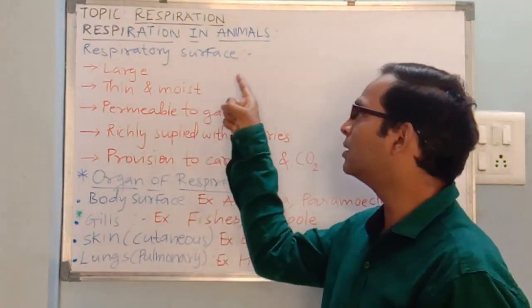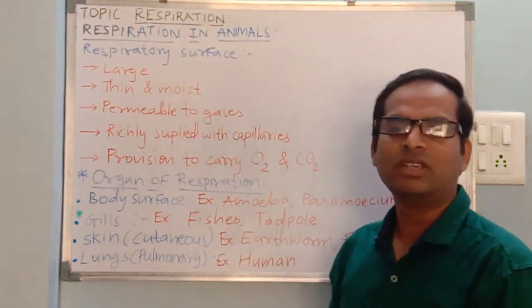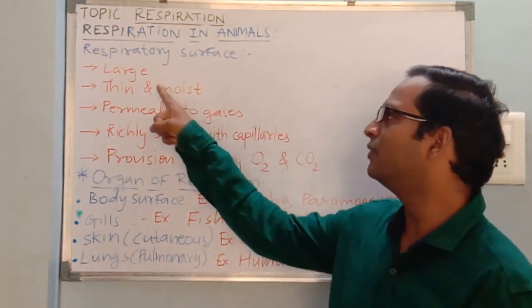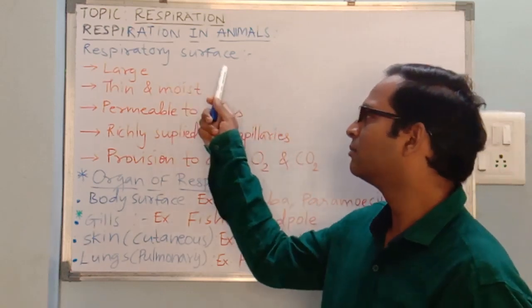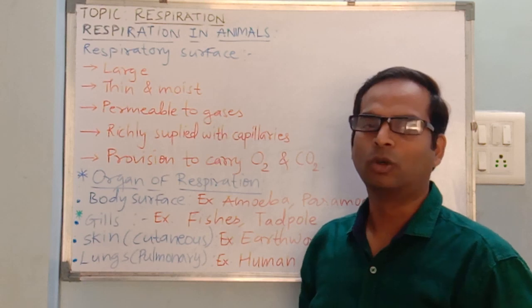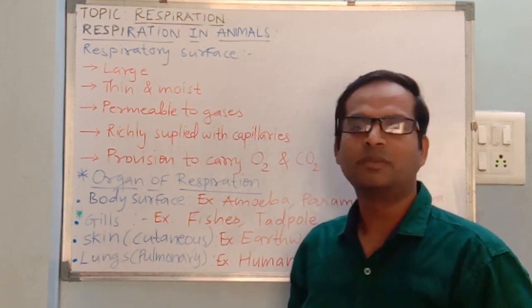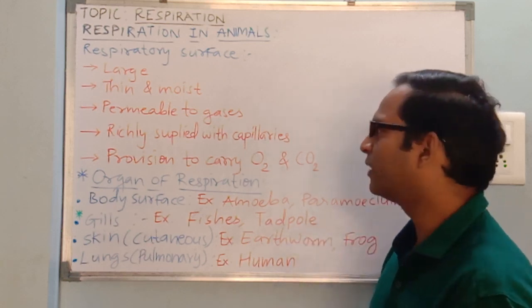It should fulfill some conditions and have some characteristic features. The first characteristic feature is that this respiratory surface should be large. The larger the respiratory surface, the better the respiration, the more the exchange and diffusion of gases.